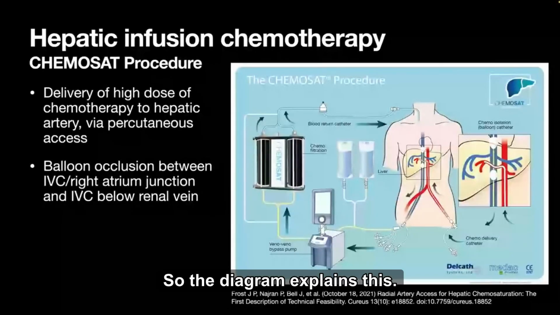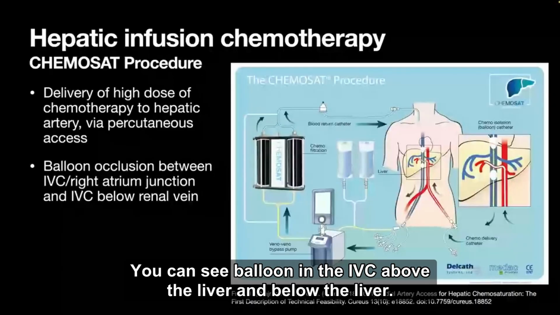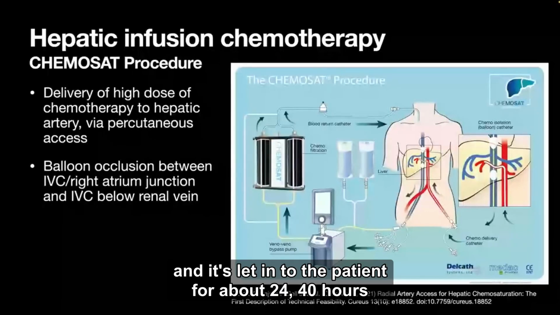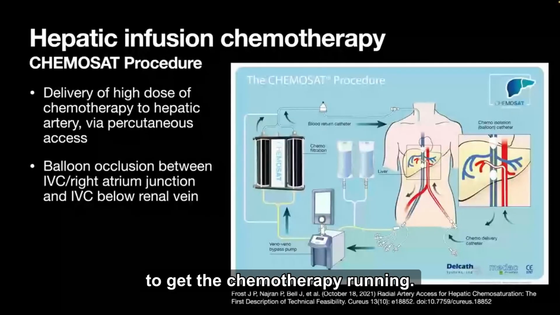The diagram explains this. You can see the balloon in the IVC above the liver and below the liver, and then we start infusion through the machine, and it's left in the patient for about 24-40 hours with the chemotherapy running.